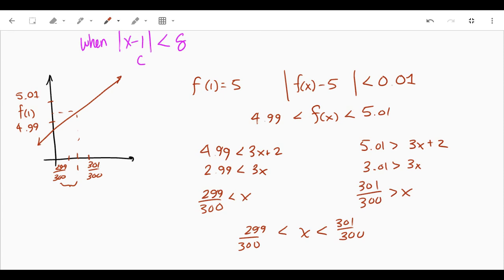So the answer here is going to be 1 over 300. As long as we're within 1/300th of 1, we are within 1/100th of f of 1. So we have found that window that is narrow enough for us to always be as close to f of 1 as we want.